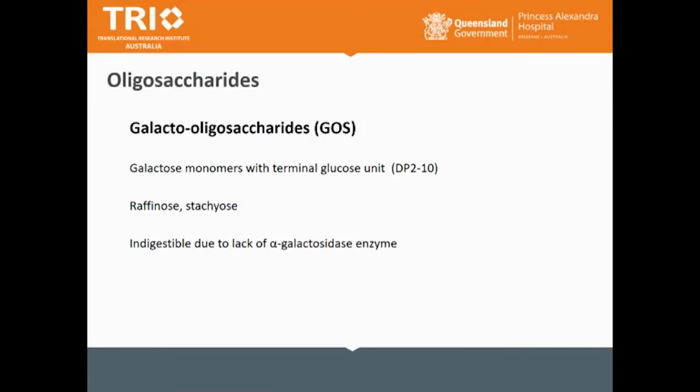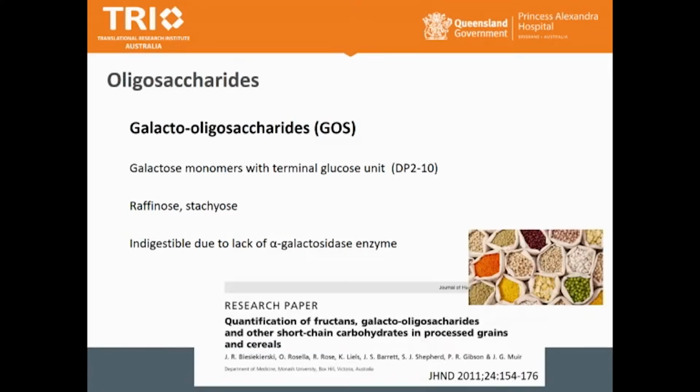The other oligosaccharide we're interested in here is the galacto-oligosaccharides, and these are galactose monomers with a terminal glucose unit, so up to 10 monosaccharides joined together. Raffinose and stachyose are the main galacto-oligosaccharides in the diet, and again, they're generally almost all indigestible due to the lack of the enzyme to be able to digest this carbohydrate.